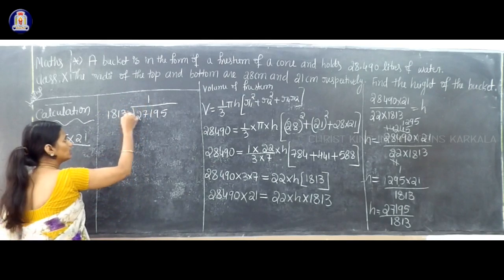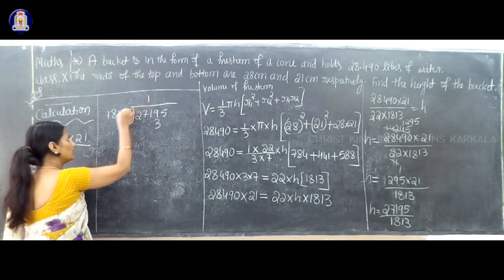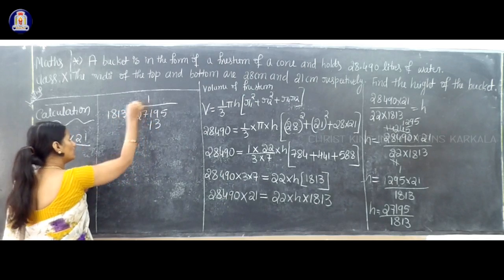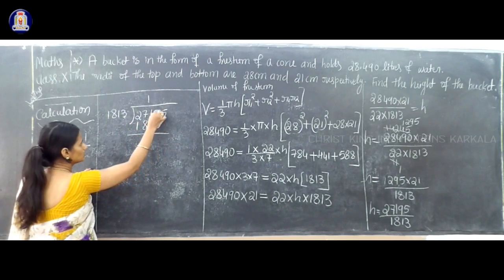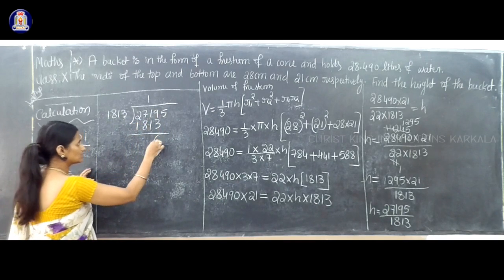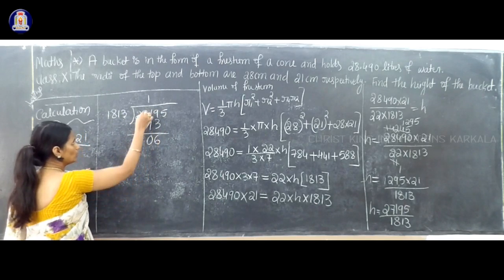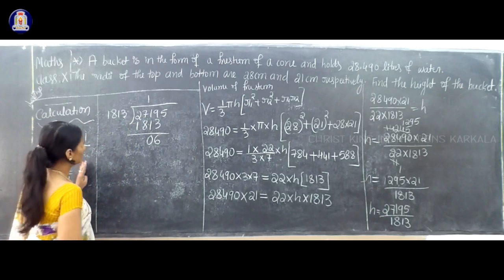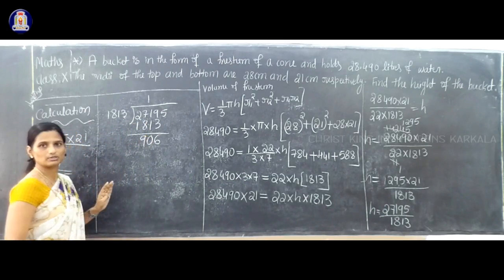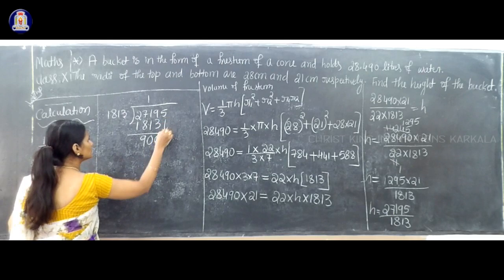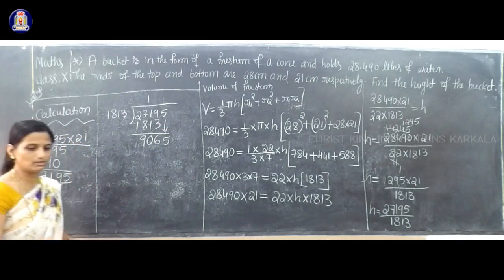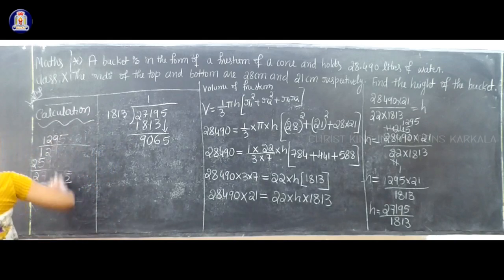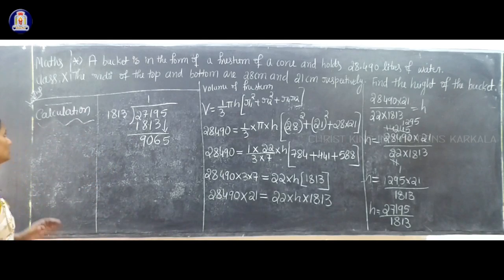So 1 into 3 is 3. 1 into 1 is 1. 1 into 8 is 8. 1 into 1 is 1. Is it possible? We'll see. So that is 9077, not 6, is possible. So next number is 5. We'll check, so which is possible here?